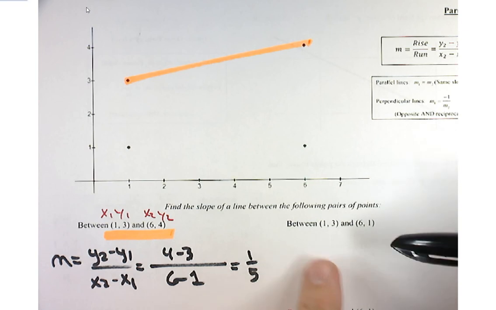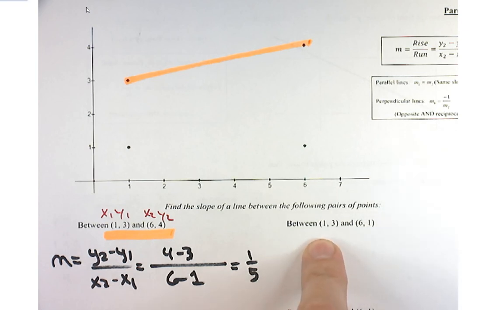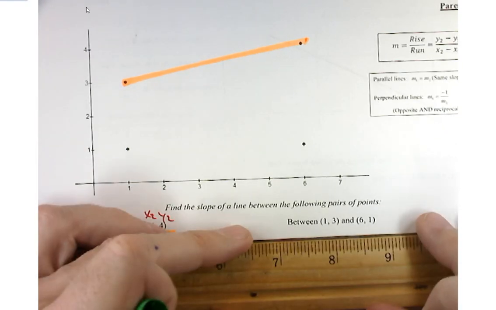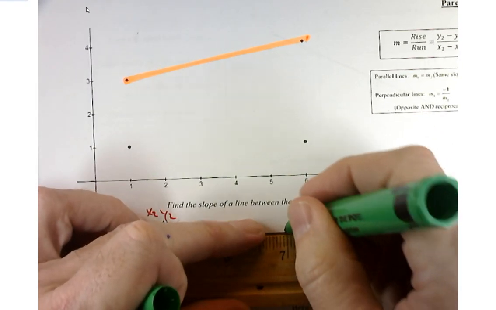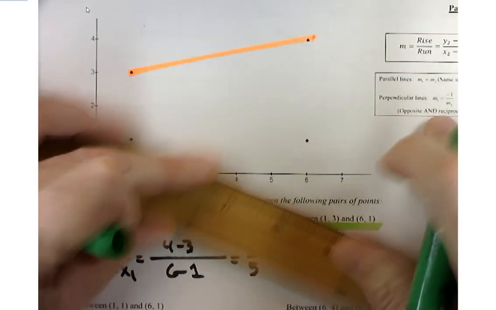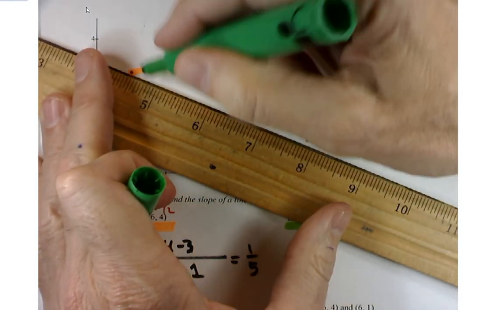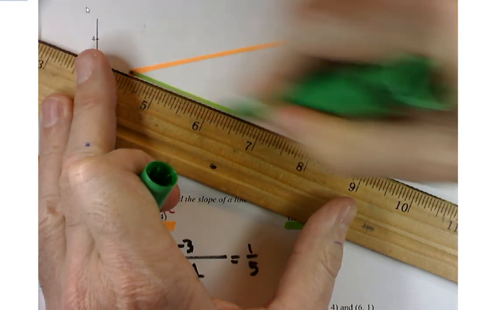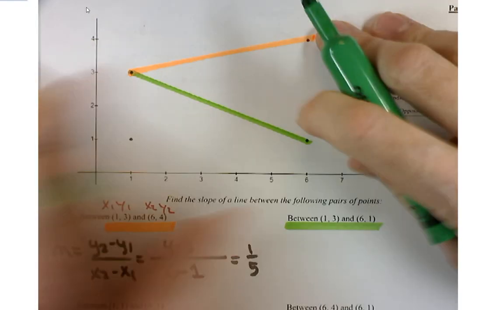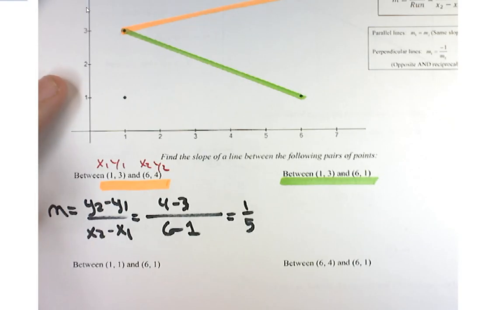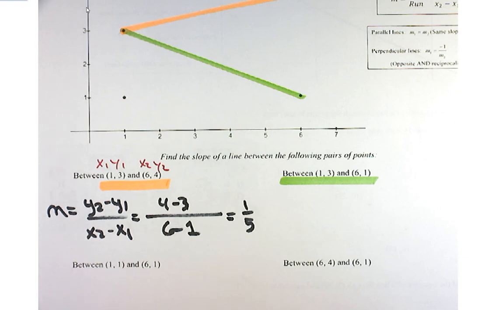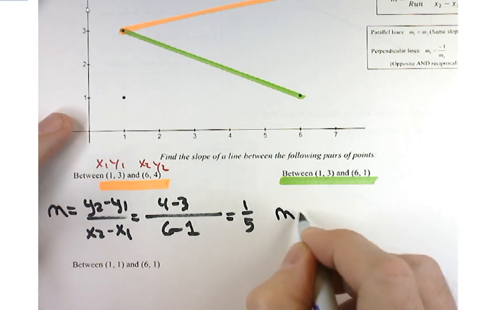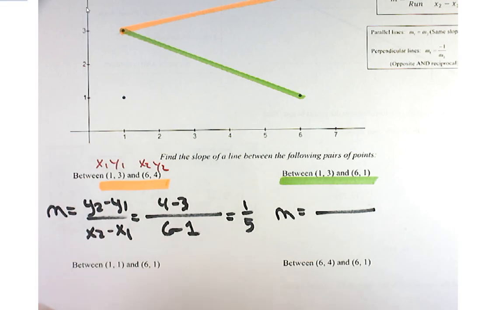Let's try another one. Slope of a line between (1, 3) and (6, 1). So that's these 2 points right here. And we'll also draw that on our little handout. That's the slope of the line between these 2 points. So who can fill this in for me this time? When I calculate this m, what am I going to be subtracting?